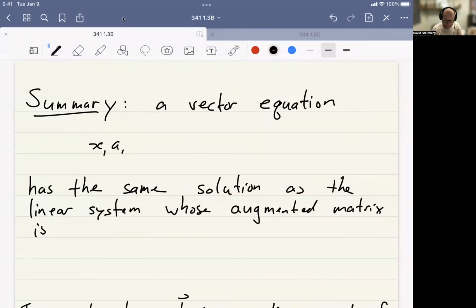x1 a1 plus x2 a2 plus all the way up to xn an is equal to b.